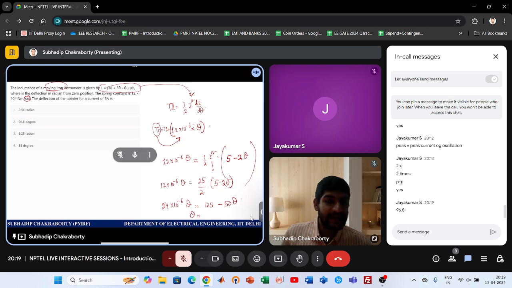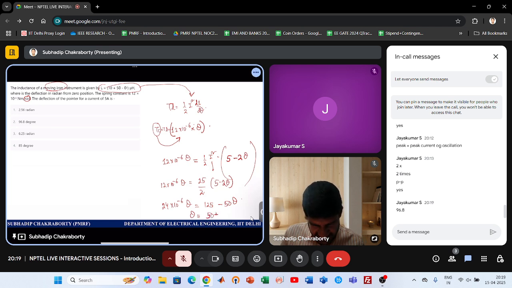So what will theta be? Theta will also be in radian. So theta, what is it? 50 plus. So theta will be 125 divided by 50 plus 24 into 10 to the power minus 6 radians, right? So what are you getting?